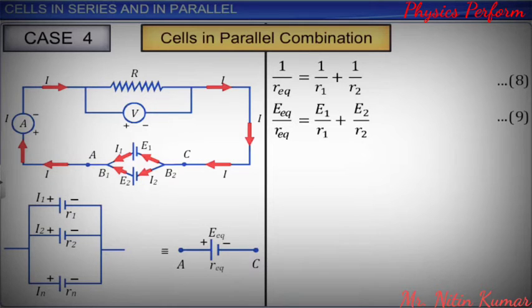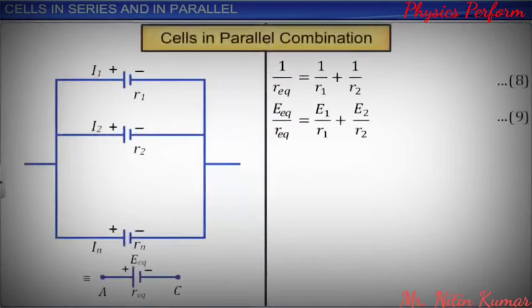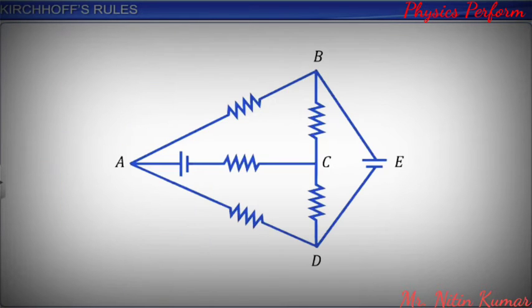We can write 1 by Req is equal to 1 by R1 plus 1 by R2 plus and so on up to 1 by Rn. EEQ by Req is equal to E1 by R1 plus E2 by R2 plus and so on up to En by Rn.